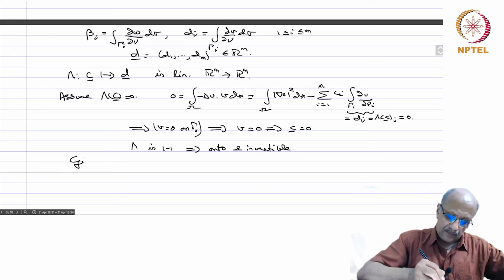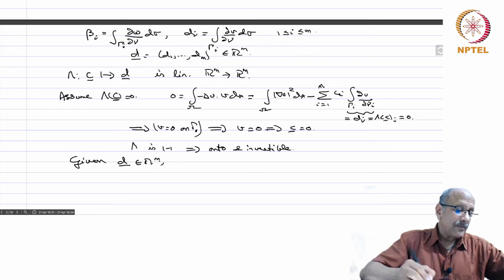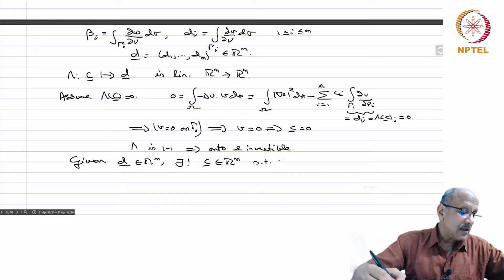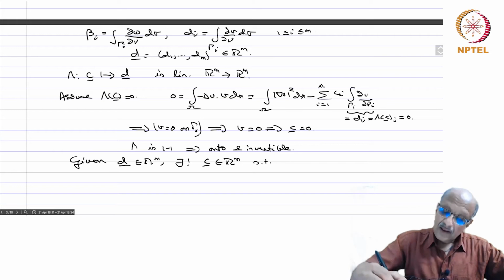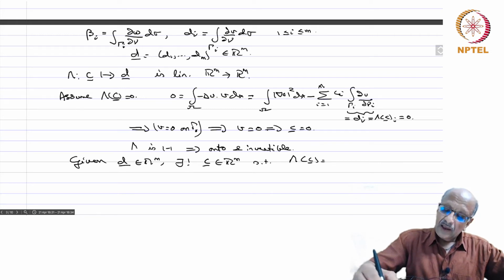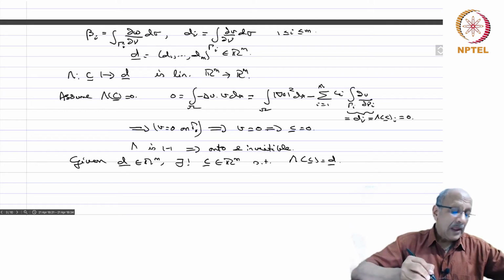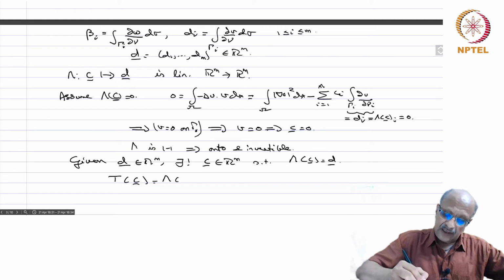So given D in Rm, there exists unique C in Rm such that lambda C equal to D. Now you define T of C equals lambda C plus beta.